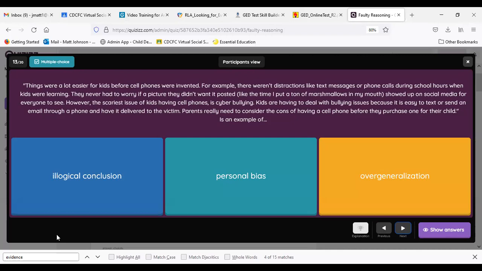However, there's the curious issue of kids having cell phones and cyberbullying. Kids are having to deal with bullying issues because it is easy to text or send an email through a phone and have it delivered to the victim. Parents really need to consider the cons of having a cell phone before they purchase one for their child.